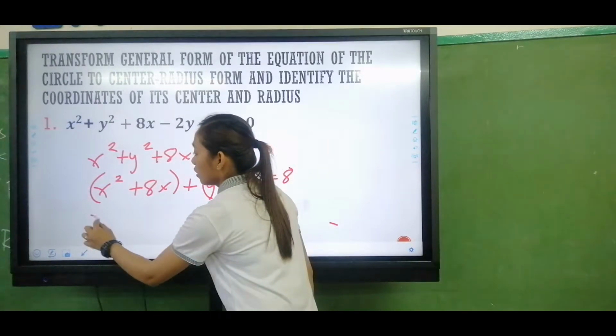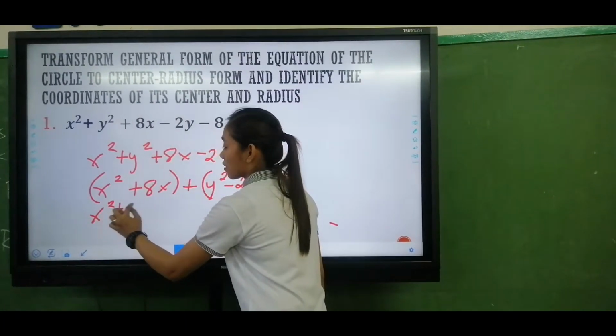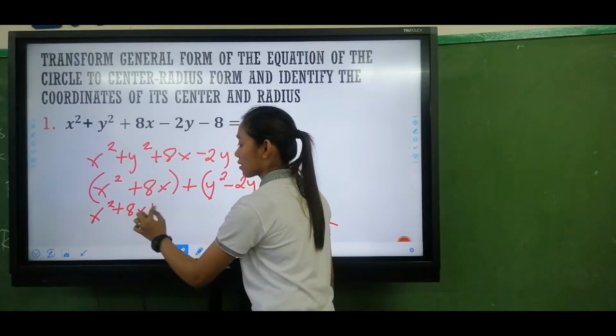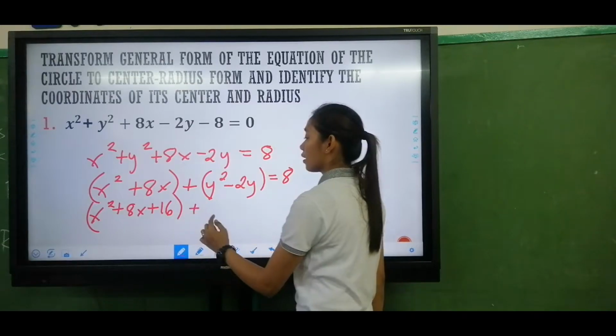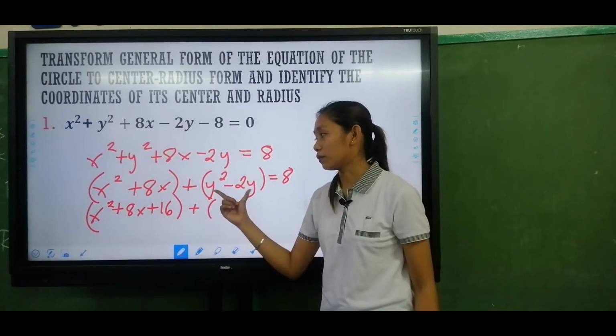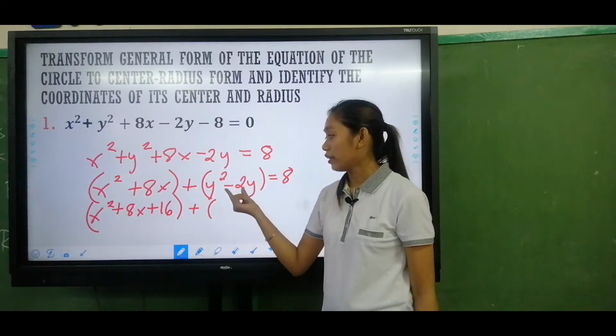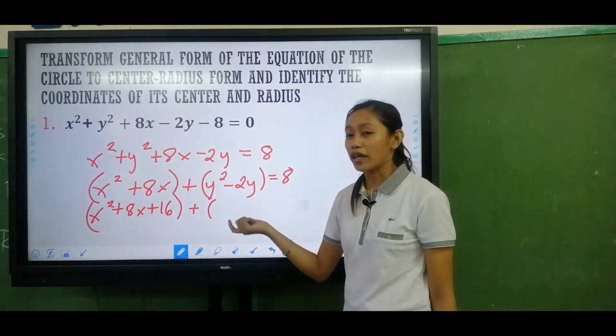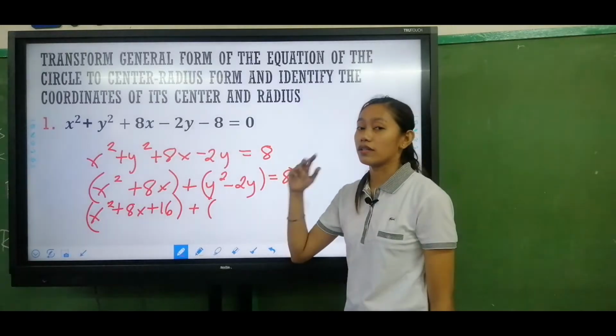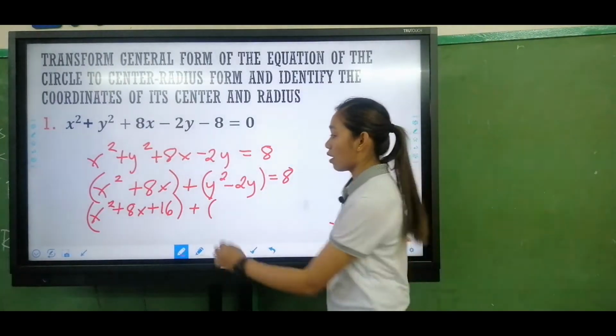So, this will be x squared plus 8x plus 16. Plus, the same here for y squared minus 2y. Negative 2 divided by 2, so that will be negative 1. Negative 1 squared, so that is positive 1.